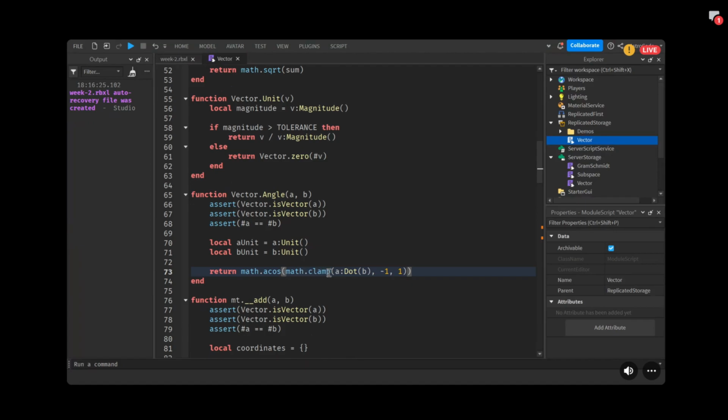In theory, our dot product should give us a number between -1 and 1 because we used unit vectors. But because of floating point issues, it could fall outside of this range. And so we're just going to clamp it to -1 and 1. You may also be familiar with another way of computing the angle between two vectors, which uses cross and dot. We won't use that.